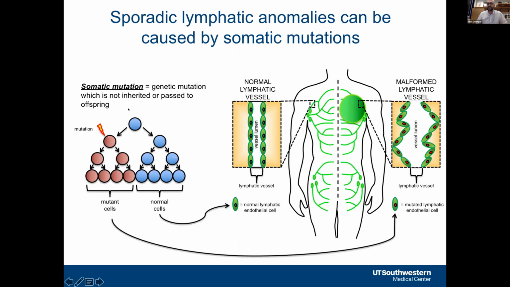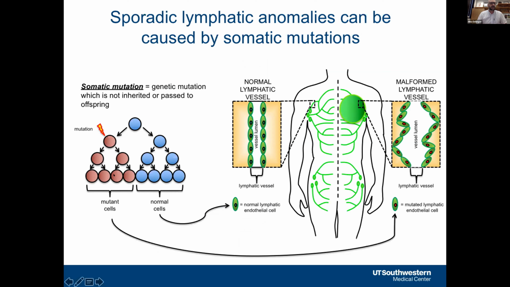So for complex lymphatic anomalies, a mutation can occur in a lymphatic endothelial cell. And lymphatic endothelial cells are the cells that make up lymphatic vessels. So in this case, we can imagine that this blue circle is a cell. It then gives rise to 2 daughter cells, and this cell acquires a mutation, which is then passed on to cells through cell division.